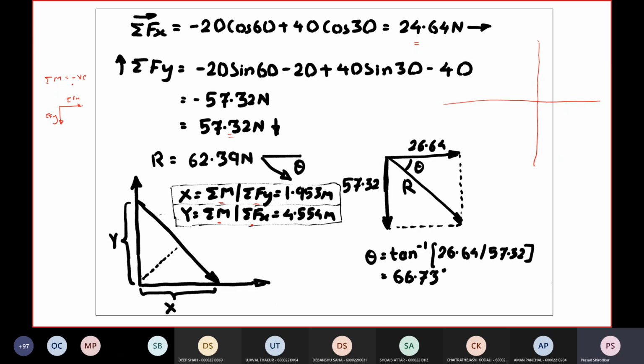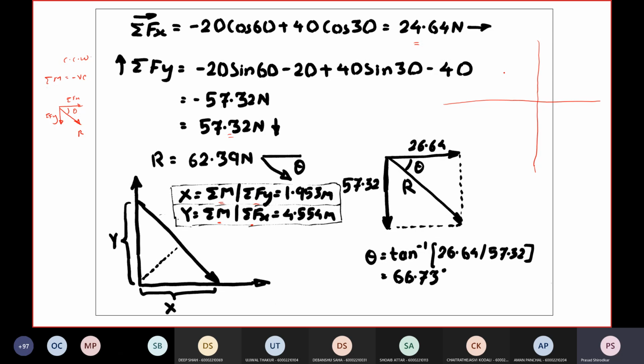See, if you are getting summation m as negative, that means the moment is in counterclockwise direction, because our assumption when we are writing the moment equation is clockwise positive. So you got a counterclockwise moment. You got the direction of the resultant as shown by this r with theta reference to summation fx. So now where will you place the resultant?